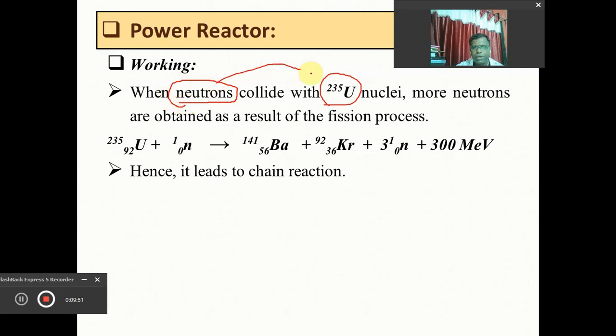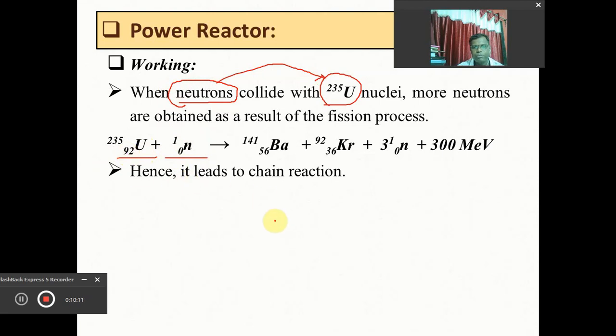Definitely these are bombarded on this target, and whenever these neutrons are bombarded on this uranium-235, they are responsible for the fission of this uranium-235.